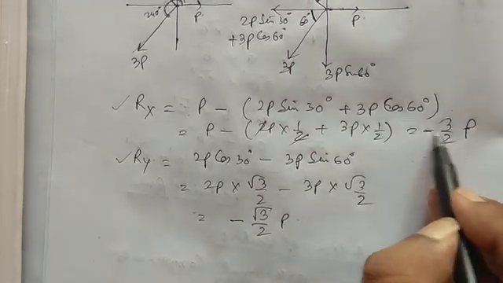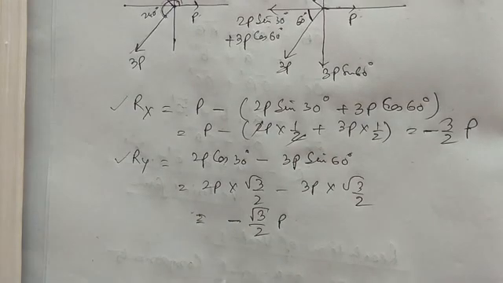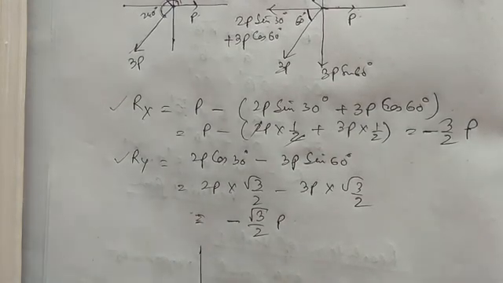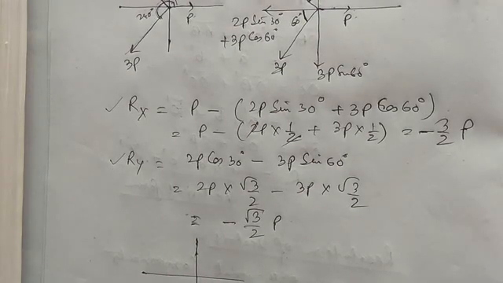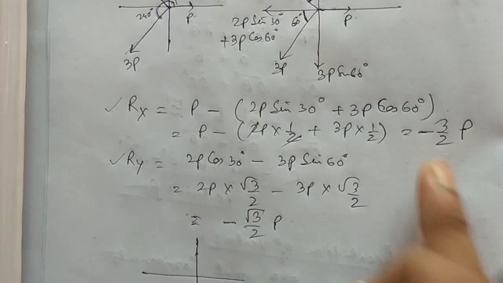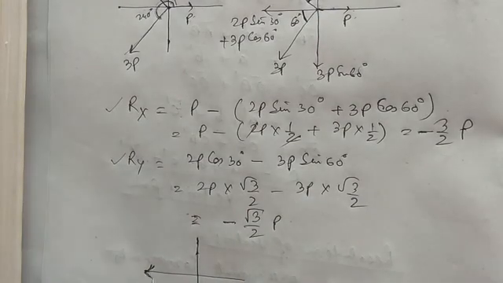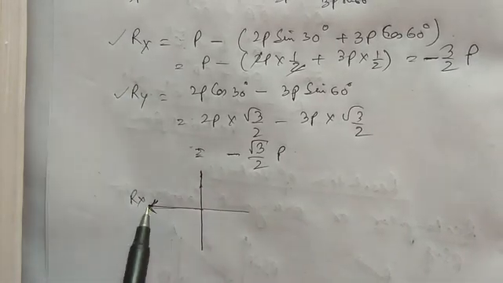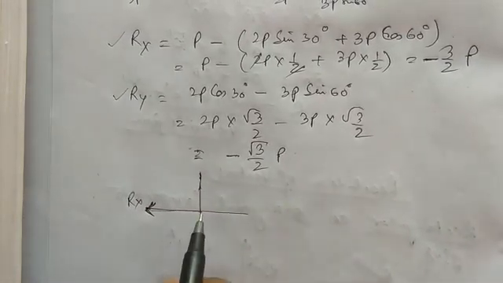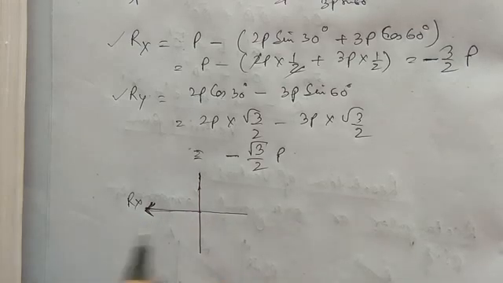Now these two signs are very vital, because now we get the resultant of all the vectors according to the x-axis and y-axis. What is the meaning of minus 3 by 2 P? This minus sign indicates that this Rx lies to the left, that means along the negative x-axis.